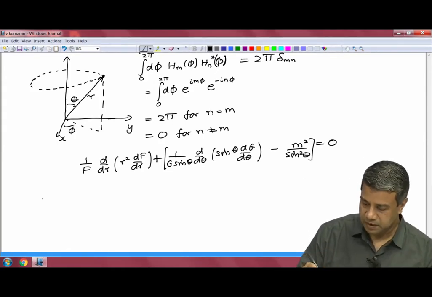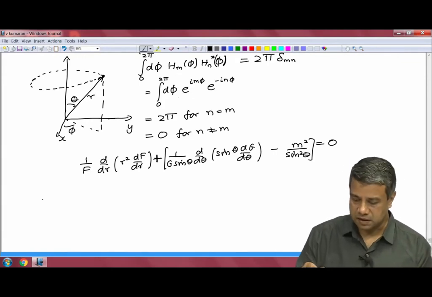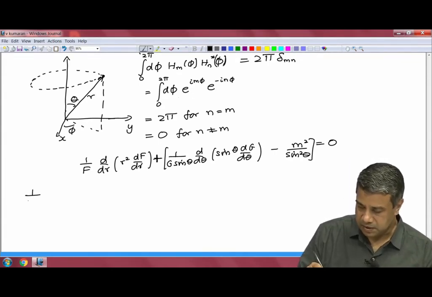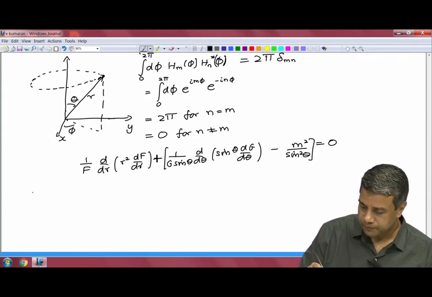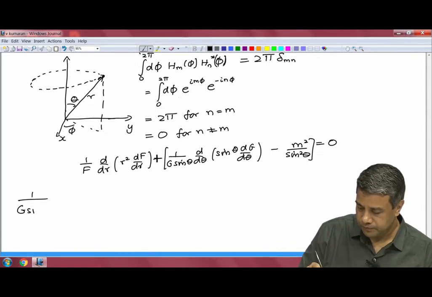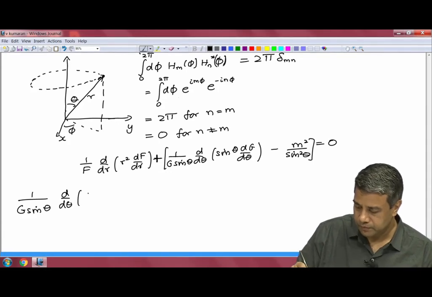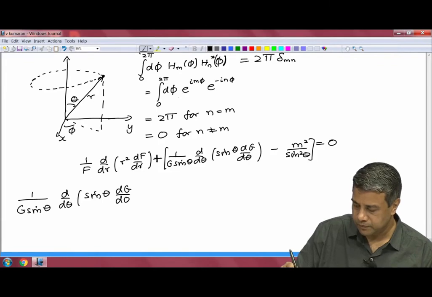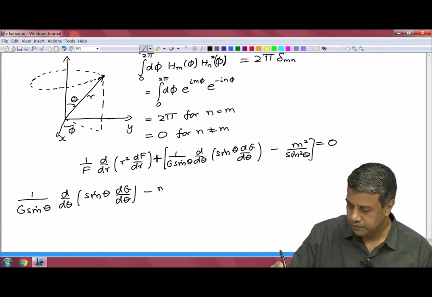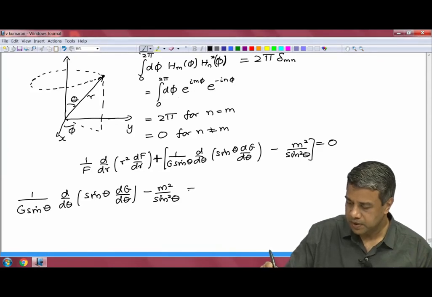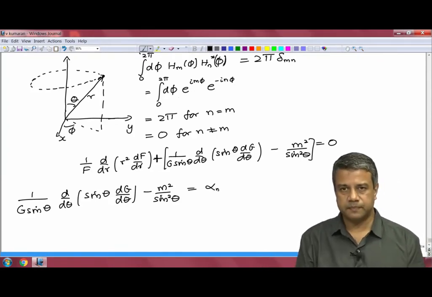First, let us take the constant in the theta direction, 1 by g sin theta is equal to some constant alpha n.